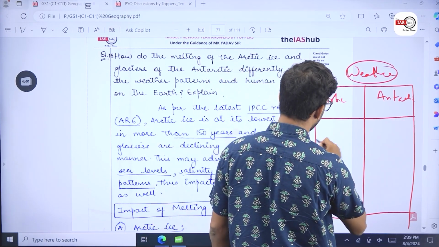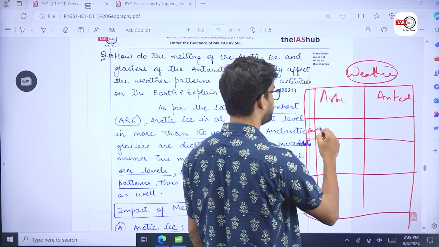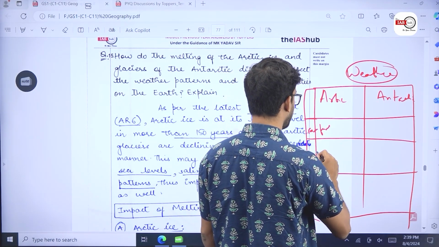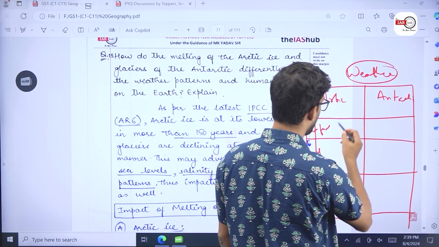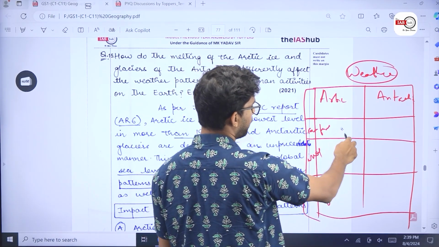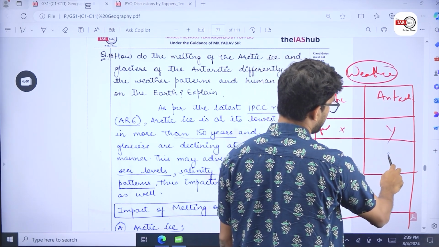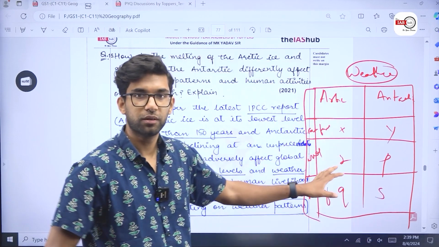In weather, there might be rainfall or precipitation, winds, humidity, and how the Arctic ice melt is impacting rainfall, how the Antarctic ice is impacting rainfall. This is the ideal way in which you need to write.